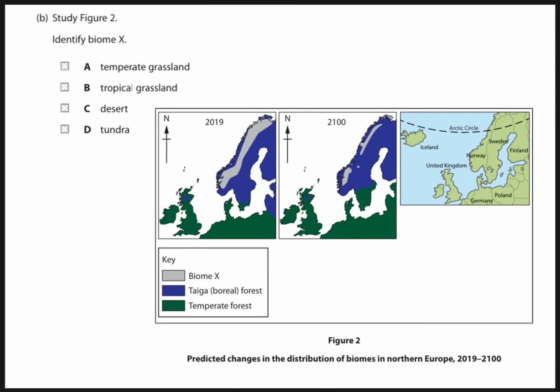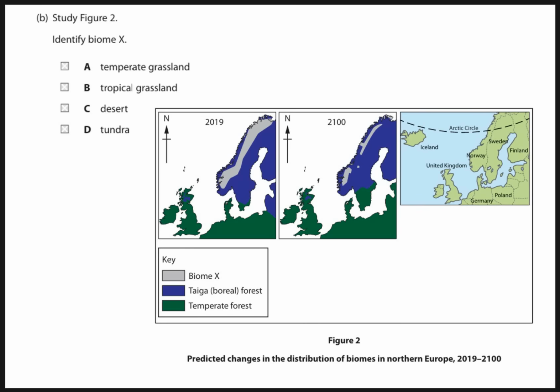Question B, identify biome X. So if you're unfamiliar with the place that you're looking at in the booklet, it's unlikely to be the case. Then you need to have a look at what else other information is available to you. It's a good example, this one here. If you're not too sure, you can use the process of elimination.